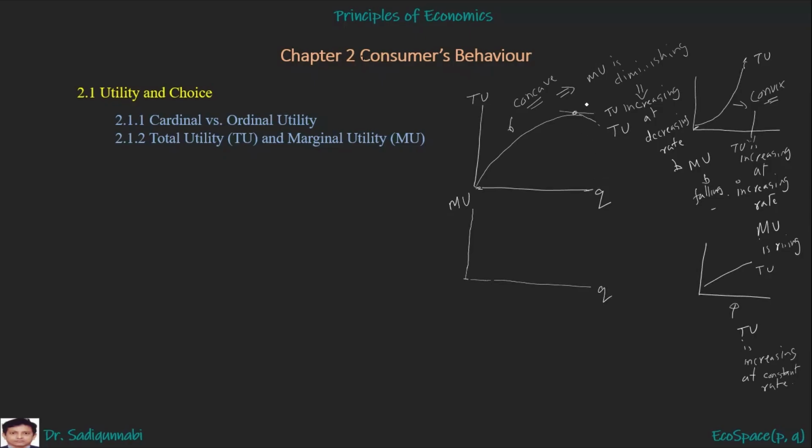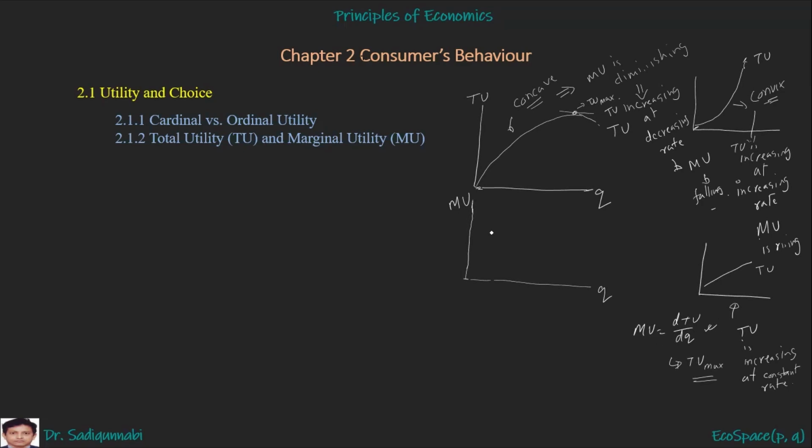You see that there is a max, TU max. This point is called TU max. And we know from mathematics that MU is dTU/dQ or dx. So this is the first derivative.